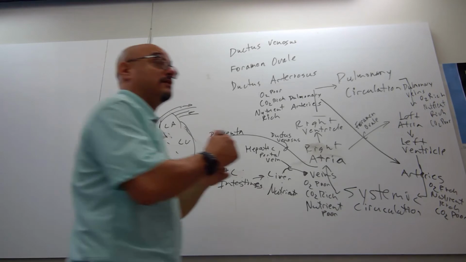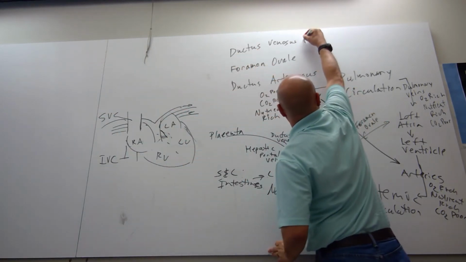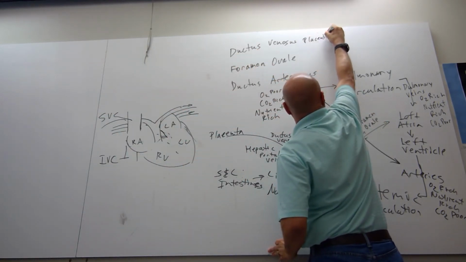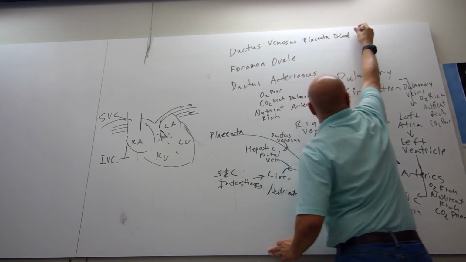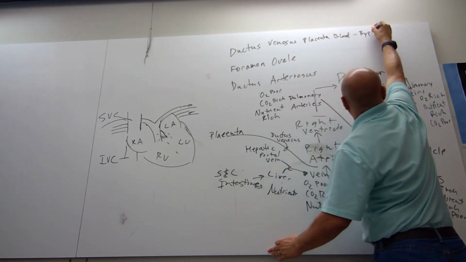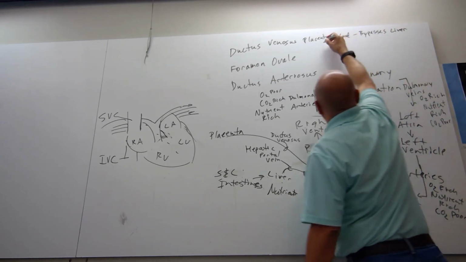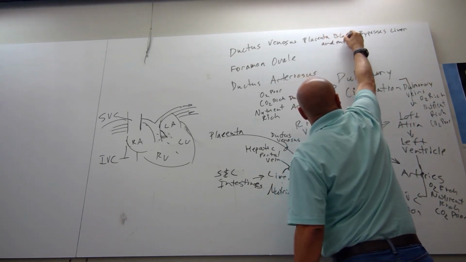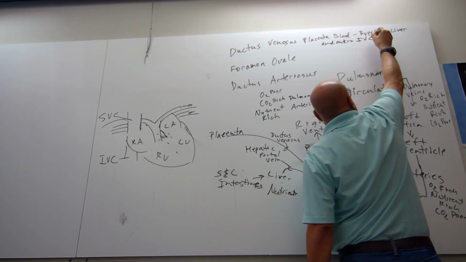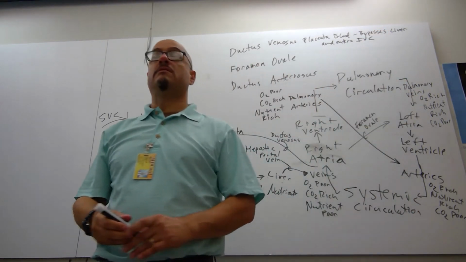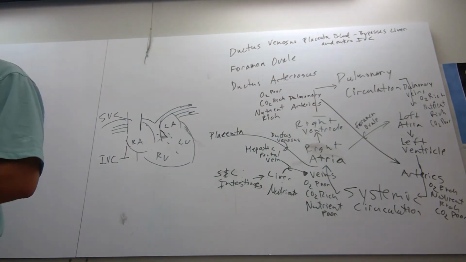So it bypasses the liver. So placental blood bypasses the liver and enters the inferior vena cava, IVC. You got me? Inferior vena cava.